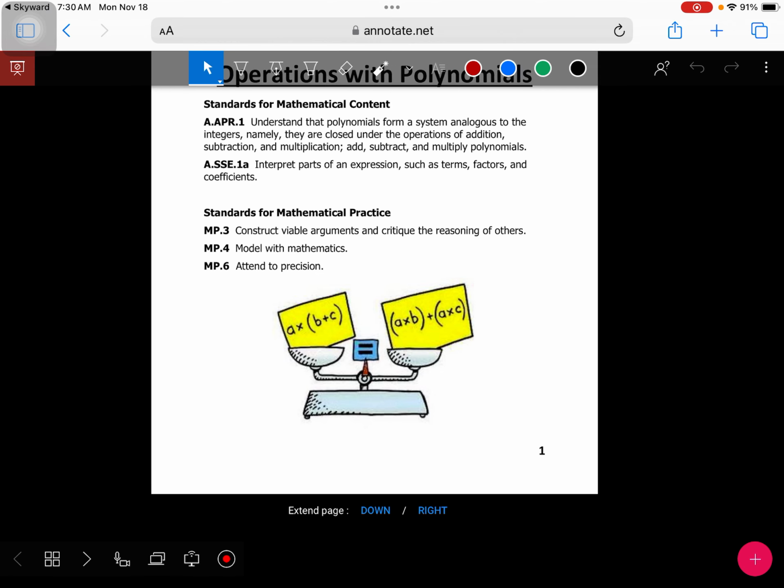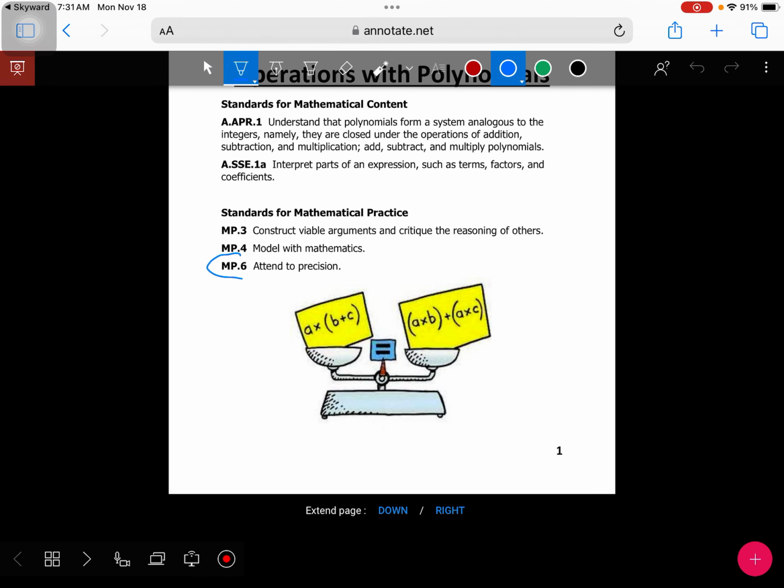Look at this last one. Attend to precision. Do you know what that means? Attend to precision. That means you have to be very precise, very careful, very intentional when you are doing your math. You have to be careful because it's very easy to make little mistakes, okay?